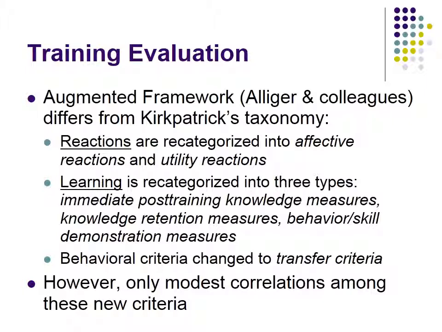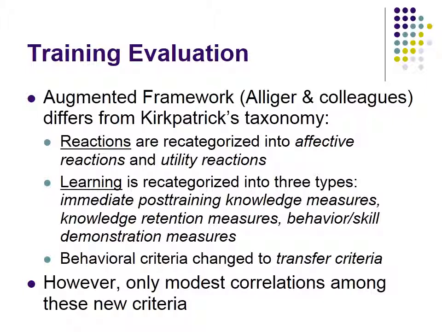Learning has been recategorized into 3 types: immediate post-training knowledge measures, knowledge retention measures, and behavioral skill demonstration measures. So again, instead of just saying we should measure learning, there are 3 different ways. We can measure learning immediately afterwards, we can measure learning a while later, retention, and we can also measure learning through whether those behaviors or skills are actually being done in the workplace.